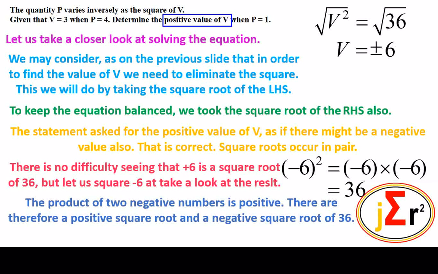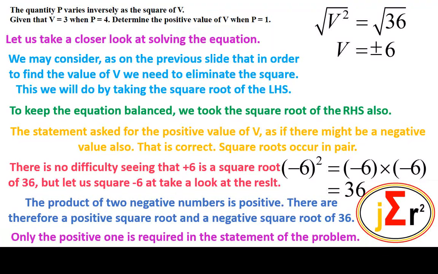However, we are taking a look at the reason for the examiners strictly asking for the positive square root. And the reason for saying that is because the examiners know that there are two square roots. So they are just saying that it is the positive one alone that they want.